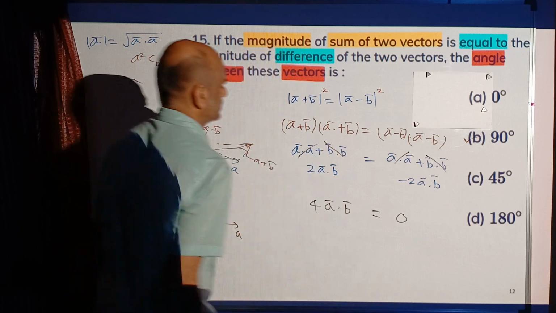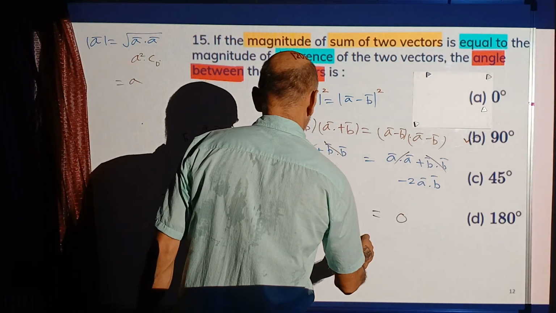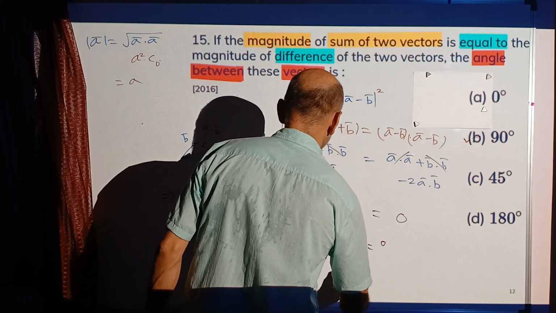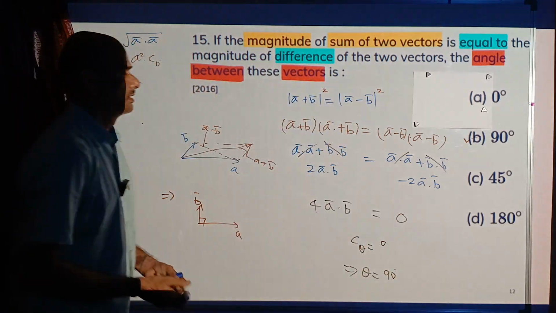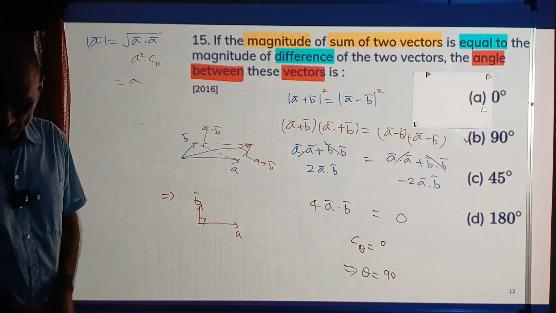That means A dot B is 0. Dot product of two vectors being 0 means cos of the angle between them is 0. That means theta is 90 degrees. Two vectors with dot product 0 means they are perpendicular. So the answer is B.